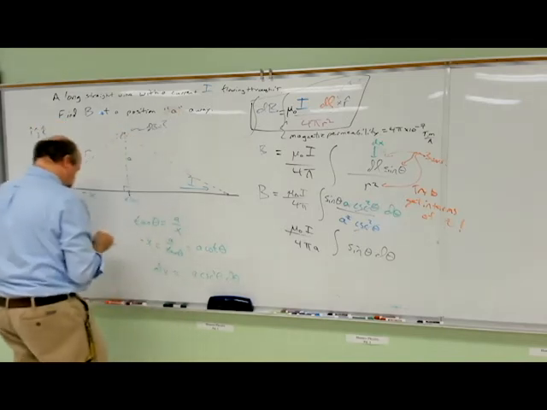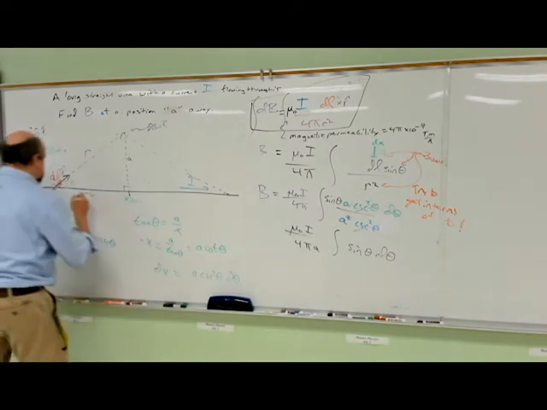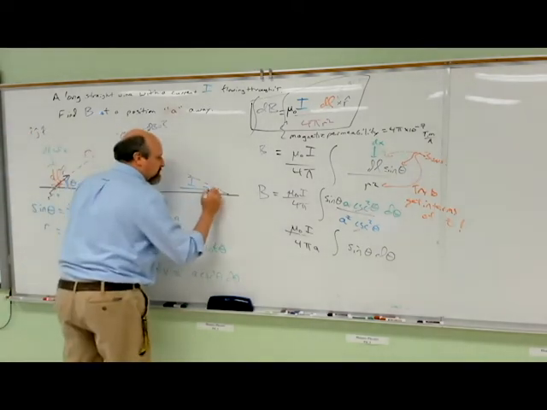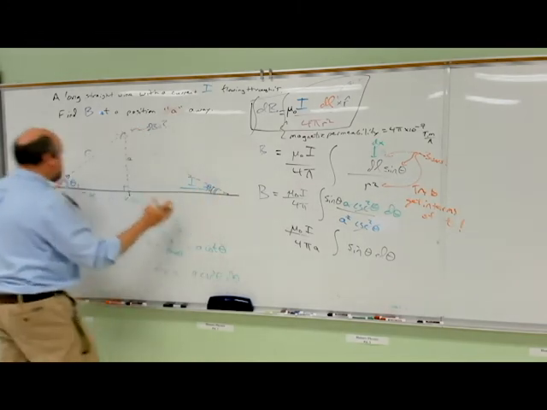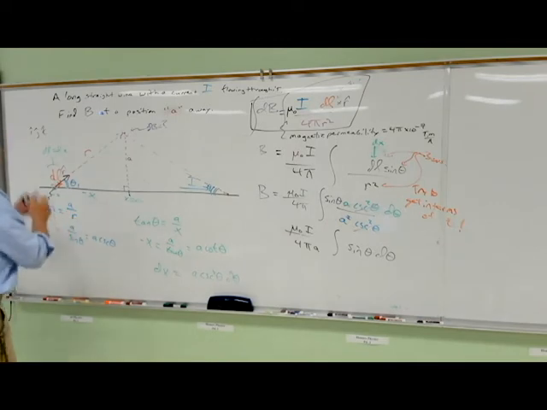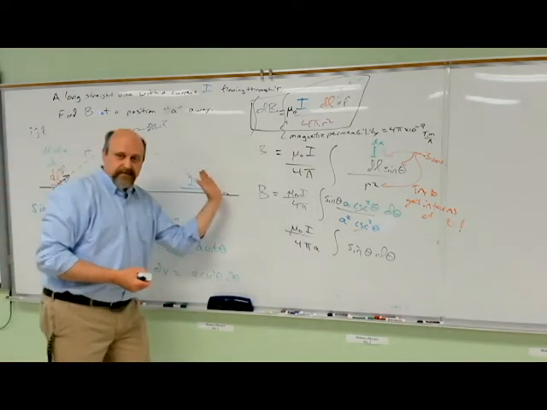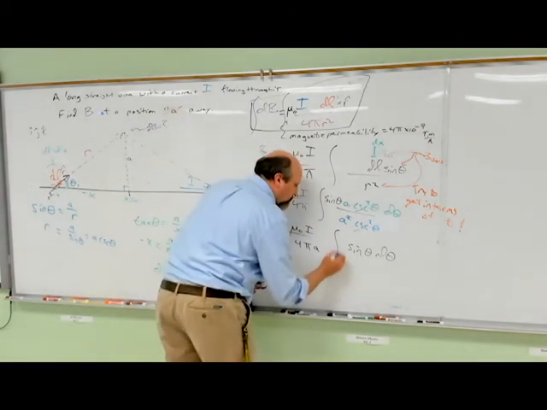Let's call that theta 1. Let's call this angle here, different angle, theta 2. This is not meant to be symmetric, okay? It's to go from any one spot to any one spot. So from this angle to that angle, we're going to integrate from theta 1 to theta 2.